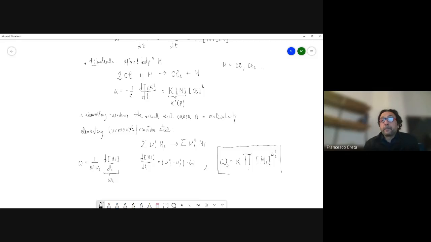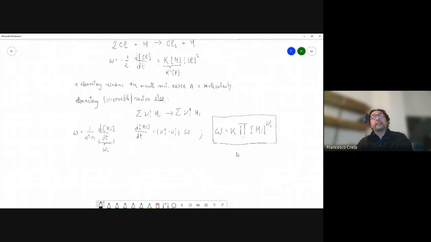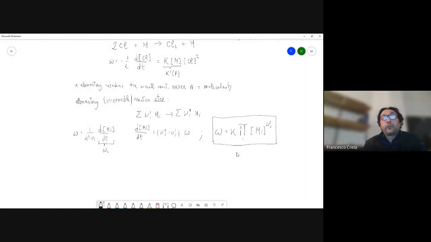which is very handy because you don't need to run an experiment in the laboratory, because we can write it down directly from the stoichiometry. We know what the stoichiometry is. So you substitute this omega here, and now what you have is a system of ordinary differential equations.